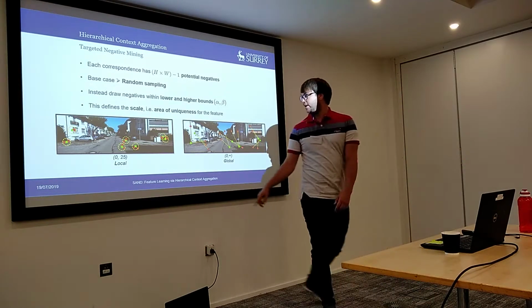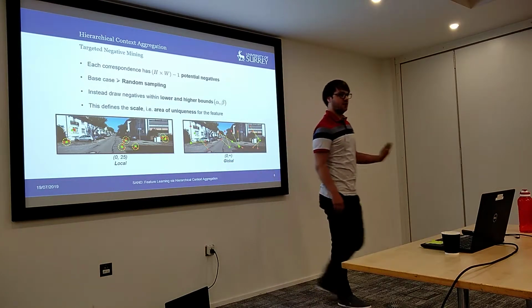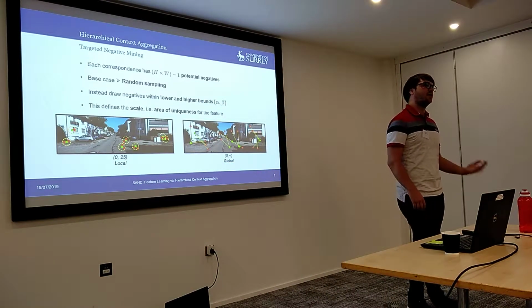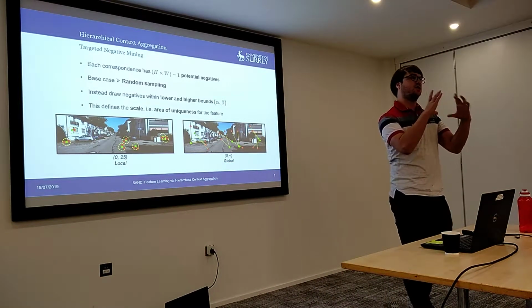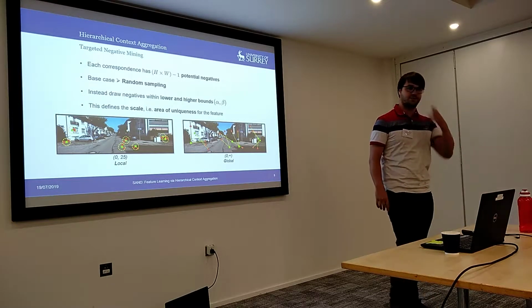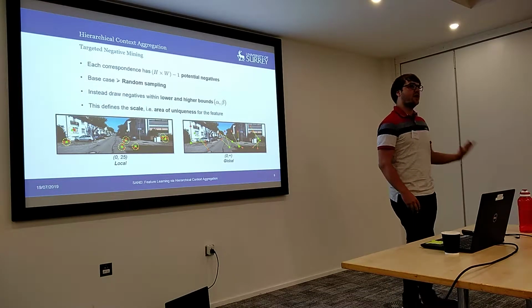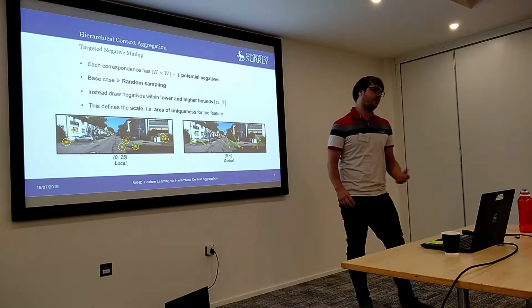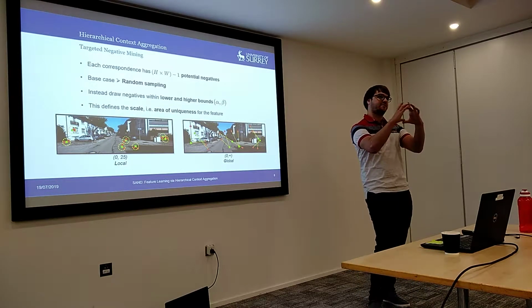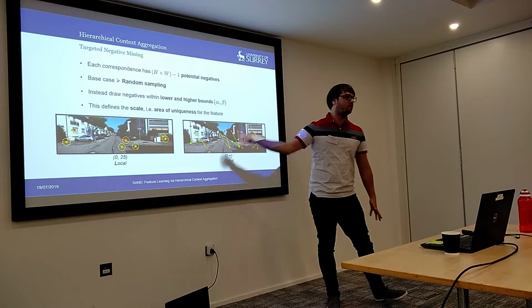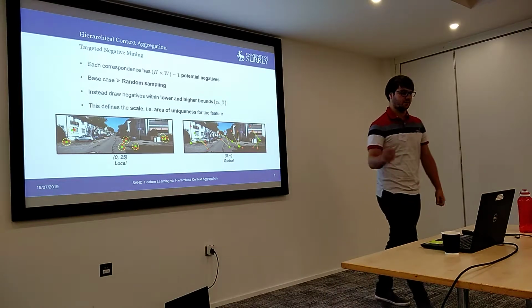So, for example, in the left image here, we have the local approach where you're restricting that mining range to a 25 pixel circle around the original correspondence. So this is defining where you require that feature to be unique. It only needs to be unique in that specific patch, and it doesn't really care about what else is in the rest of the image.